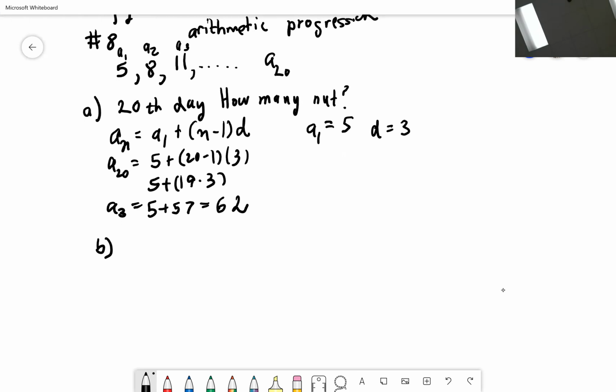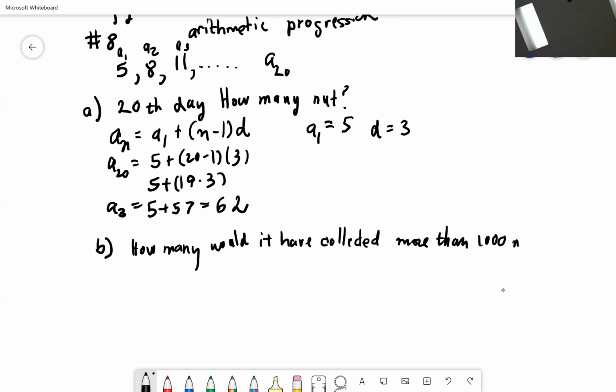So part B, let's see if part B is more interesting. After how many days will I have collected more than 1,000 nuts? So how many days would it have collected more than 1,000 nuts?